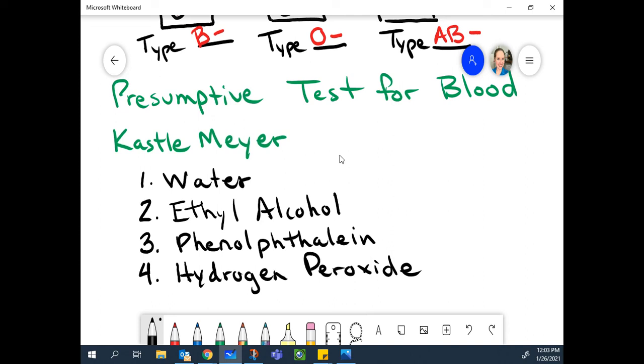We add it, it's releasing oxygen. The thing that is changing colors is the phenolphthalein. So it's not supposed to do anything. It's just sitting there waiting on a reaction to happen. So the color change should not happen until after you add that hydrogen peroxide.